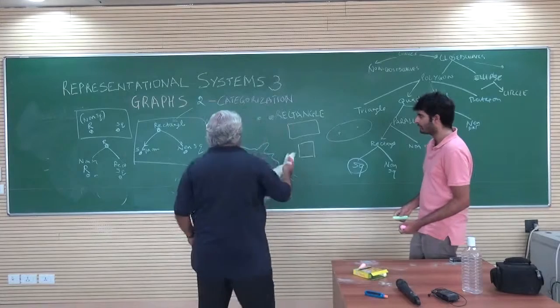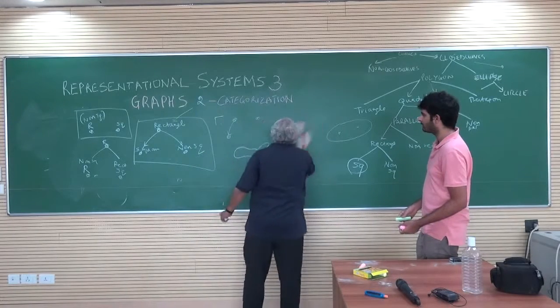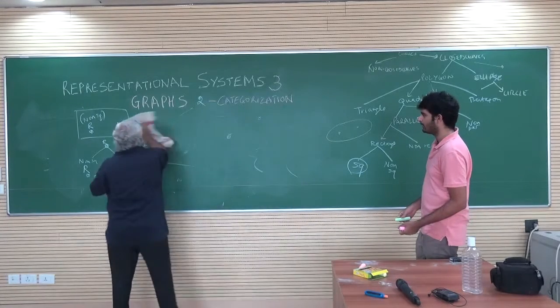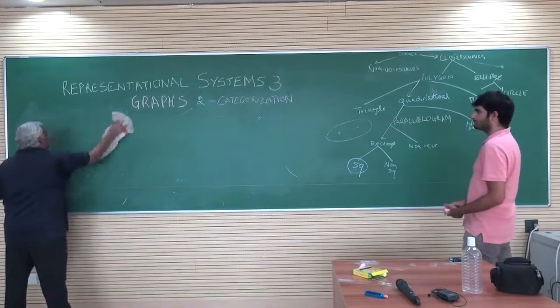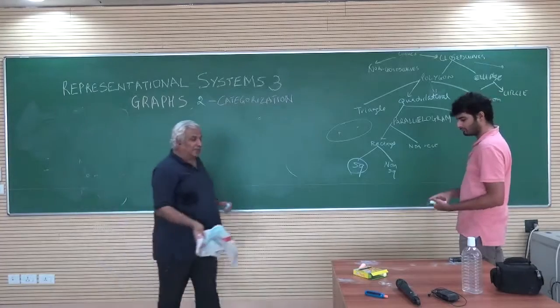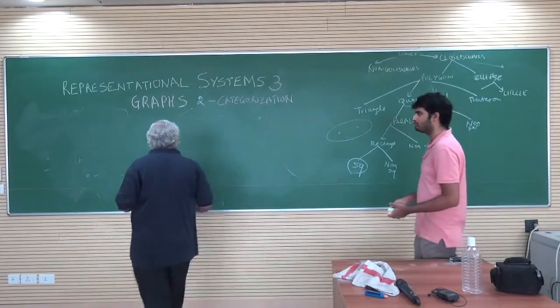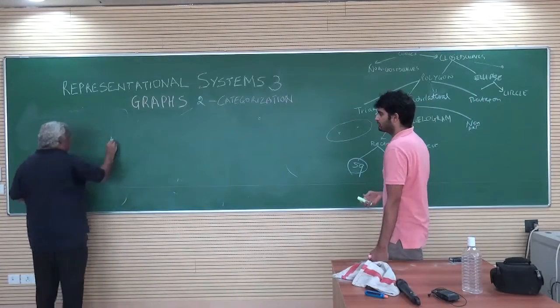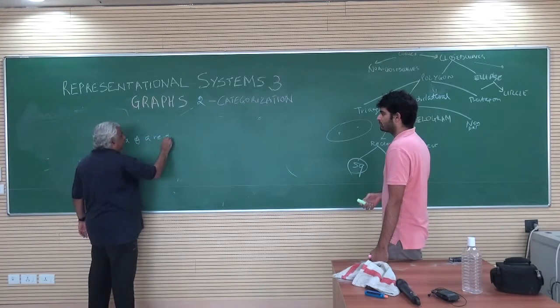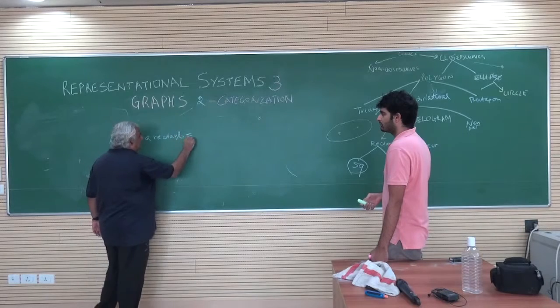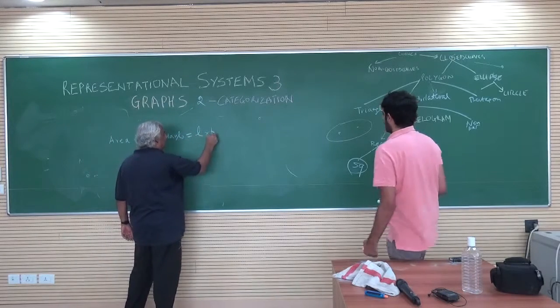I'm going to write this down because I'm not going to remember it otherwise. Area of a rectangle is length multiplied by breadth.